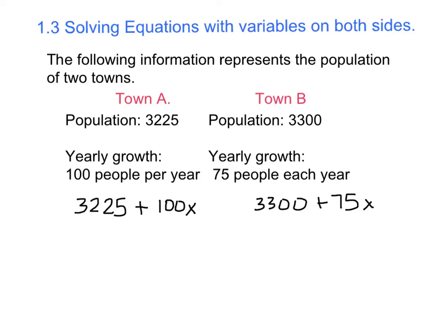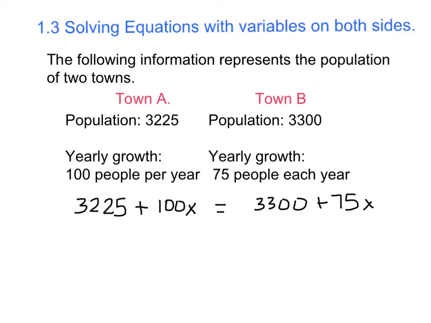Now here's the question. We want to know, after how many years will the populations be equal? I want to know when this expression, which represents town A, is equal to the population of town B. So all I have to do is make these two expressions equal.